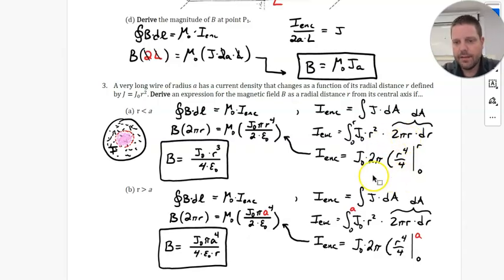So that then creates our expression. And if they had said that it was outside instead of inside, so if our radius r, little r, was bigger than this whole thing, then that only really affects the limits, because we had the current defined only until a, not all the way outside if our radius r is larger. If we're inside of it, then it's going to be confined to little r as it's pictured here.